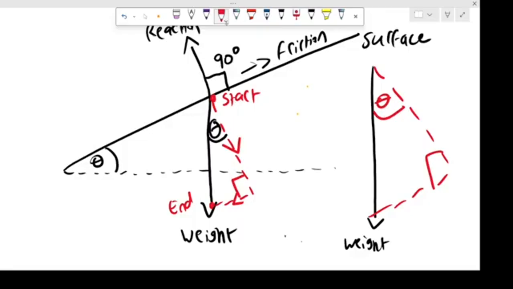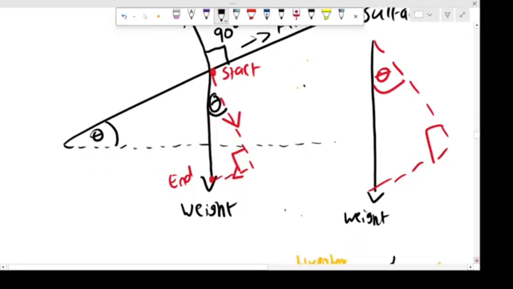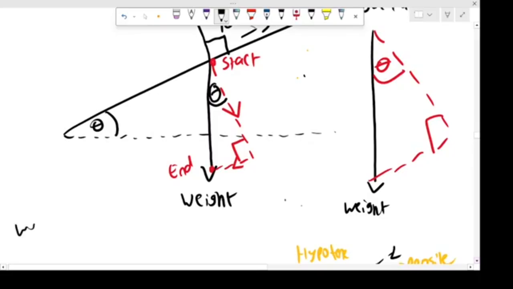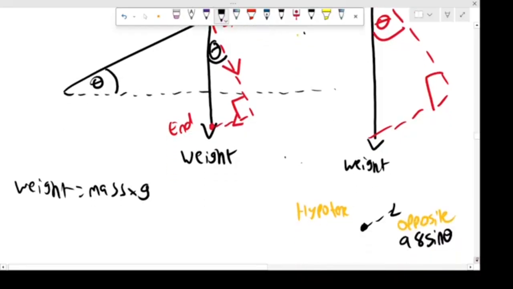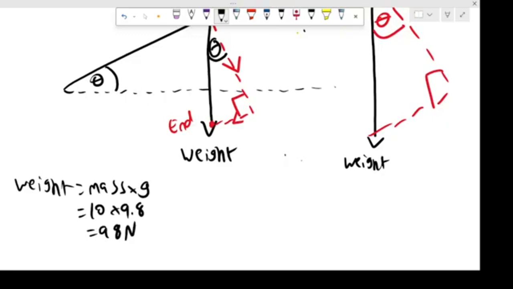Now we can work out the weight as a number. We know that weight is mass times g. The mass is 10 and g is 9.8, so it's going to be 98 for the weight.